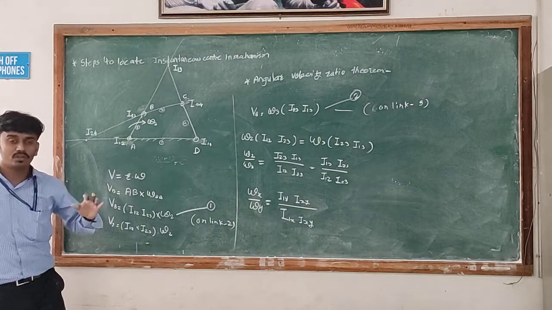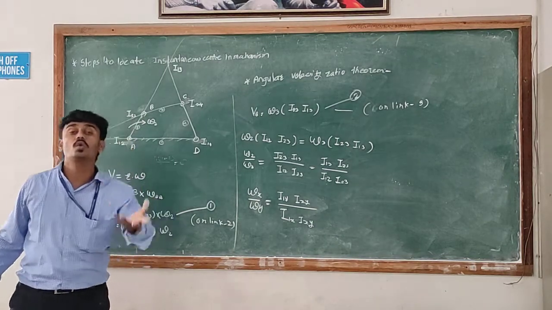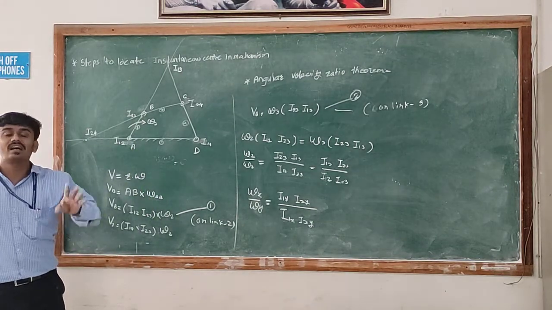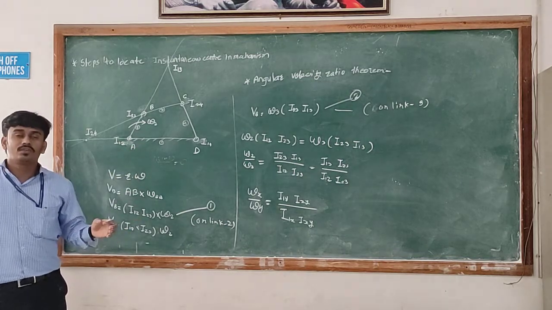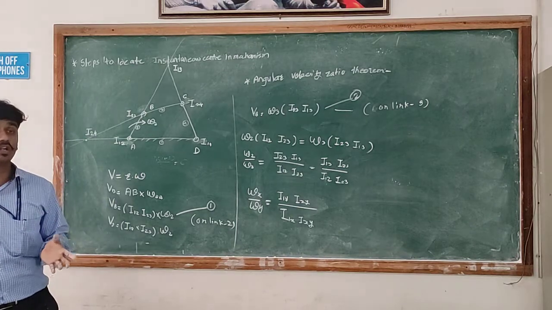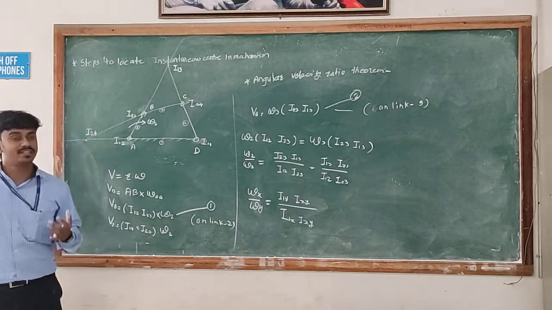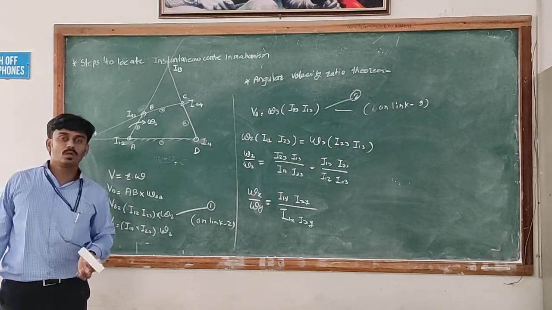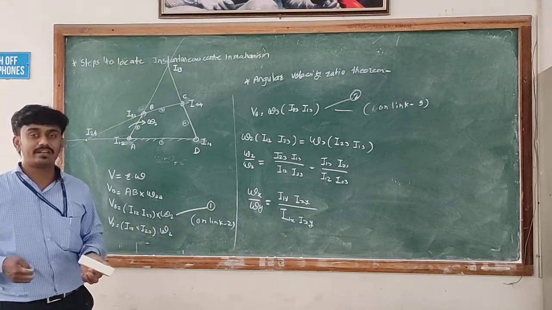So in today's session, what have we discussed? We discussed how to locate the ICR in a given mechanism. First we found the total number of ICRs present in a mechanism using the formula N equals n into n minus 1 divided by 2.